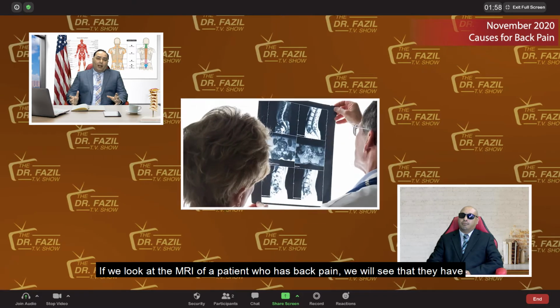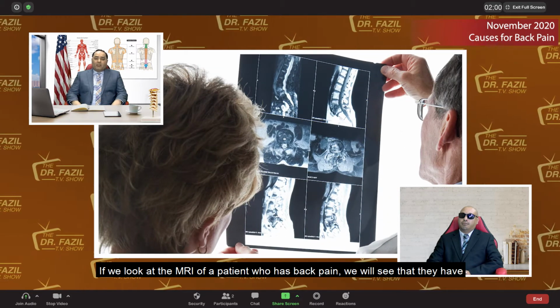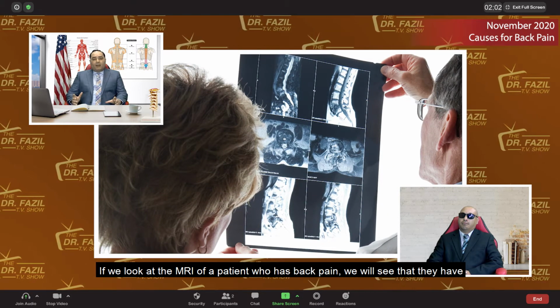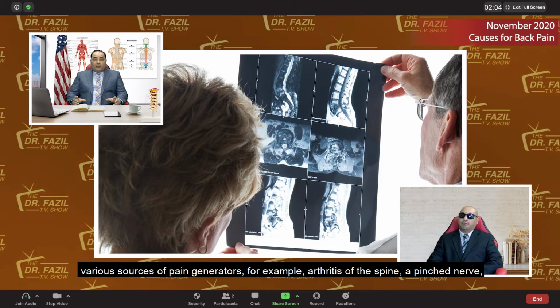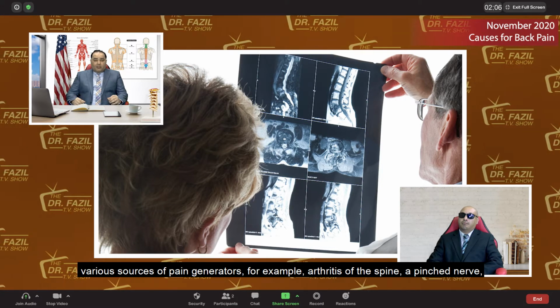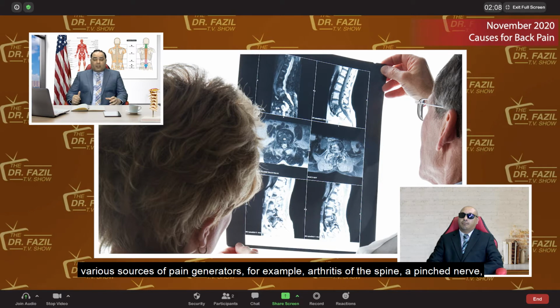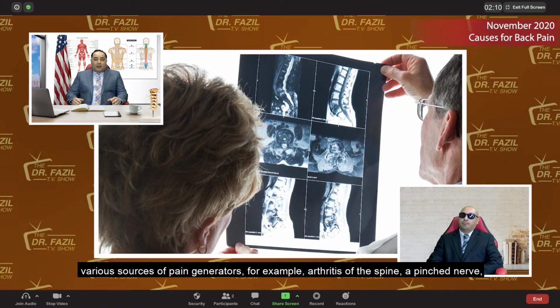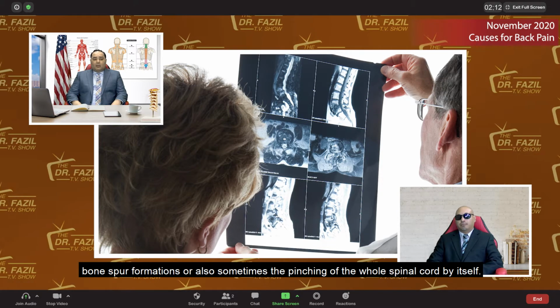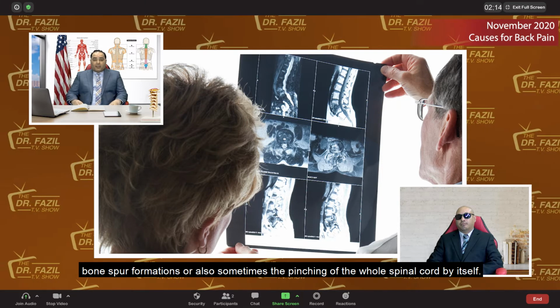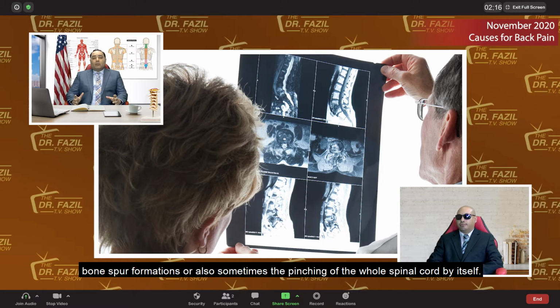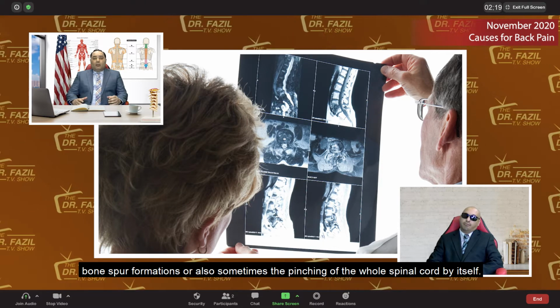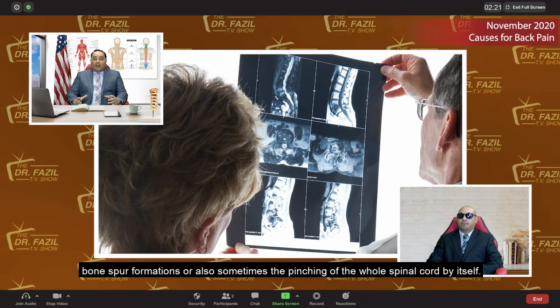If we look at the MRI of a patient who has back pain, we will see that they have various sources of pain generators. For example, arthritis of the spine, pinched nerve, bone spur formation, or sometimes the pinching of the whole spinal cord by itself.